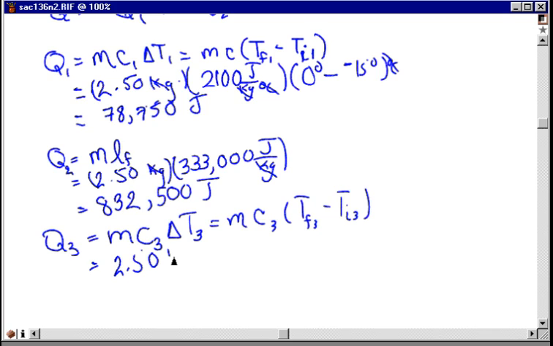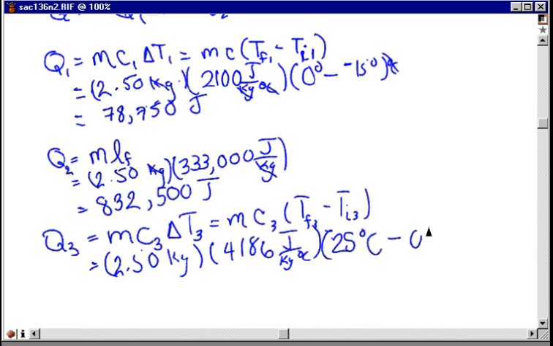We have a mass of 2.50 kilograms, a specific heat for water of 4186 joules per kilogram degrees C. We're going to end up at 25 degrees C, and we started at 0 degrees C. Units again, the kilograms cancel, the degrees C cancel. We'll be left with joules, and the answer is 261,625 joules.